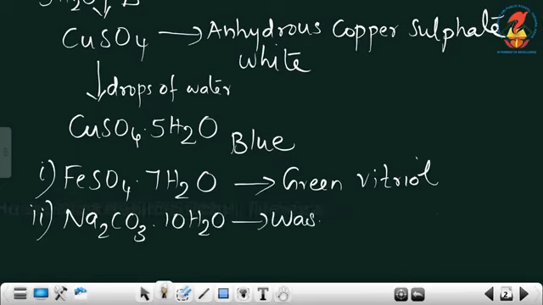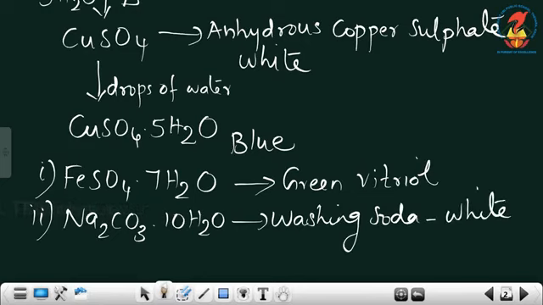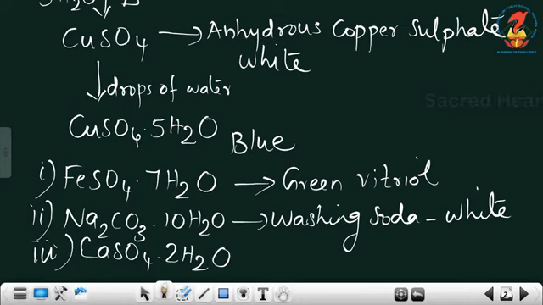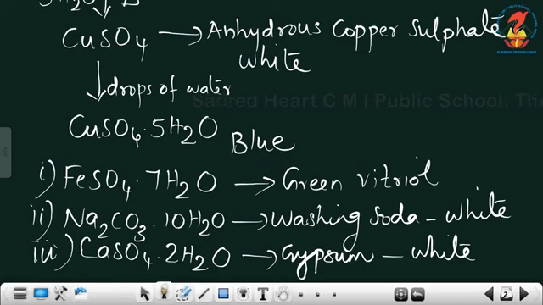Its name is washing soda, hydrated sodium carbonate. It is colorless, white in color. Then one more you will learn, that is CaSO4·2H2O, calcium sulfate dihydrate. This is commonly known as gypsum, and this is also colorless, or we say white in color.